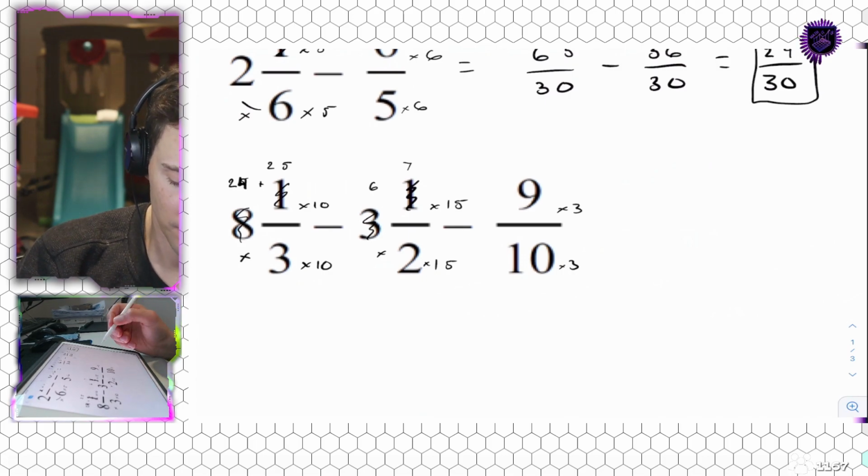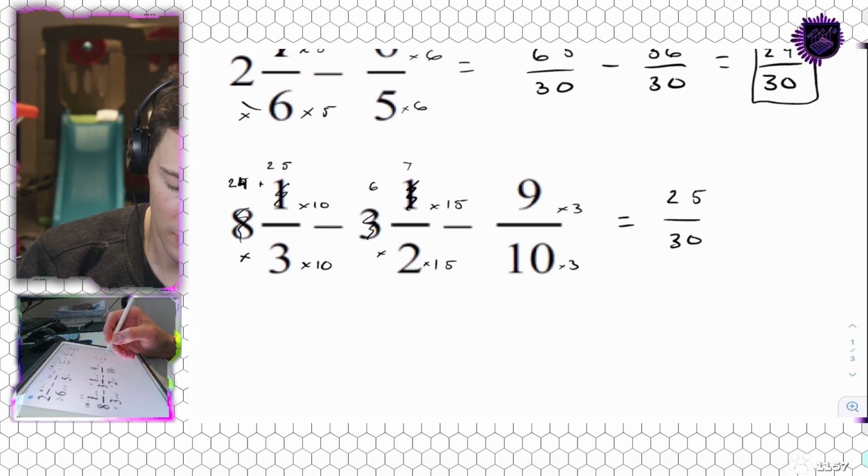So our equivalent fraction statement is going to be, this is equal to 250 30ths.